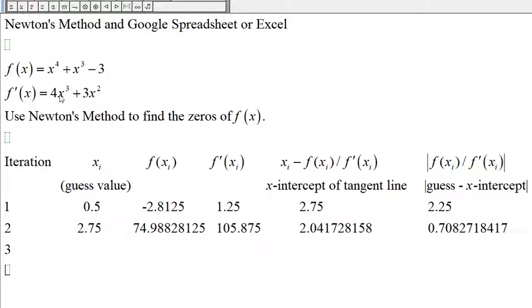The derivative is 4x to the third plus 3x squared. And so in the Excel, we would type it in like this.